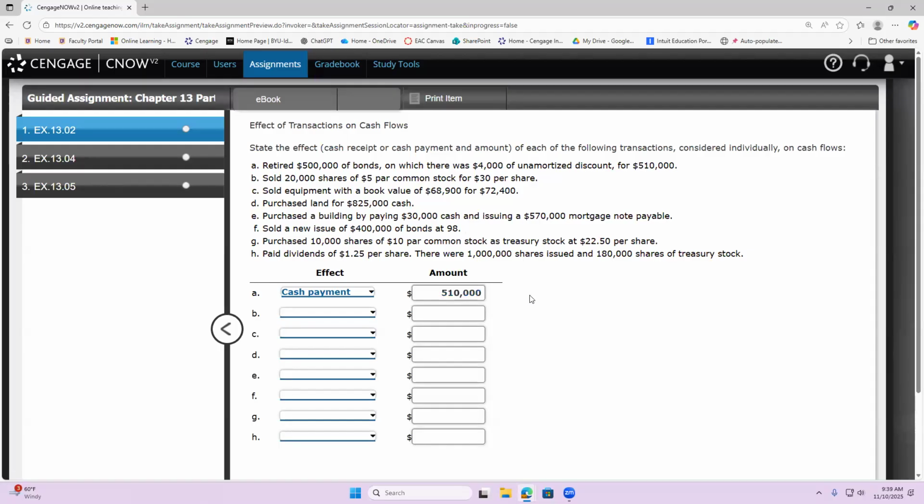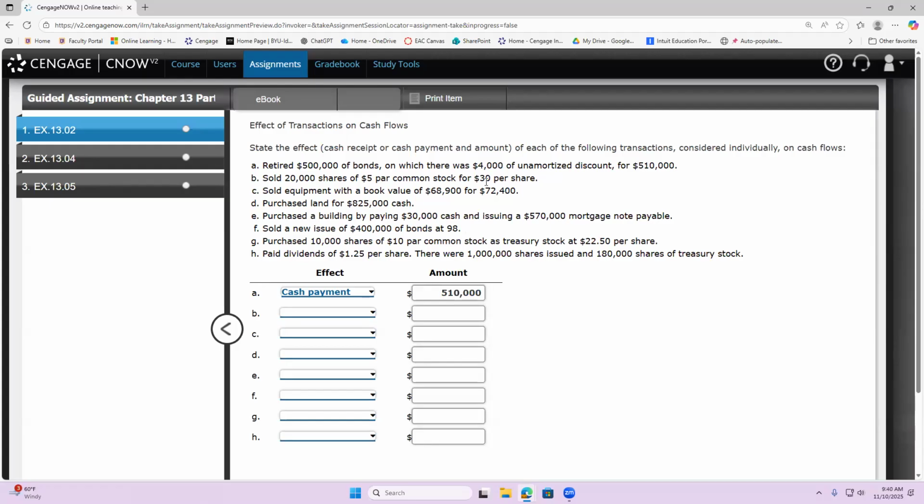Remember, a bond is a liability, right? So if we pay a liability, remember liabilities are the same direction. So we're reducing the liability, we're reducing cash. Remember that rule. Sold 20,000 shares of $5 par common stock for $30 a share.